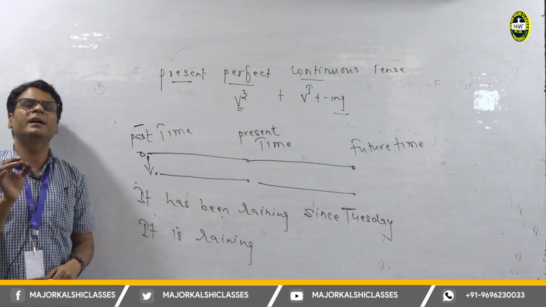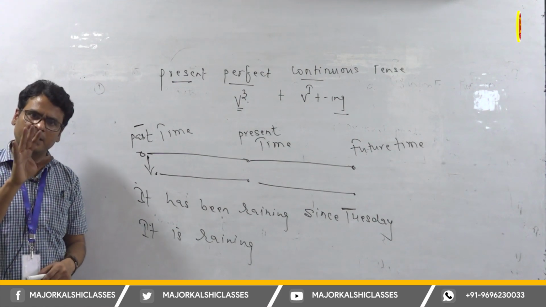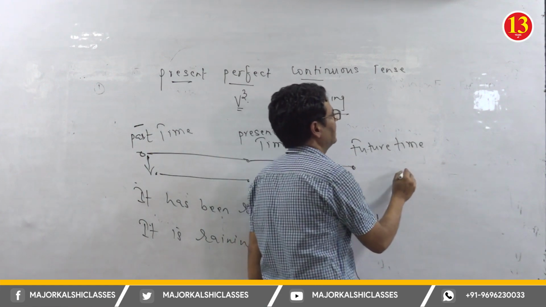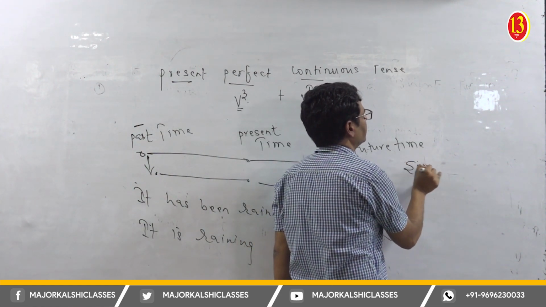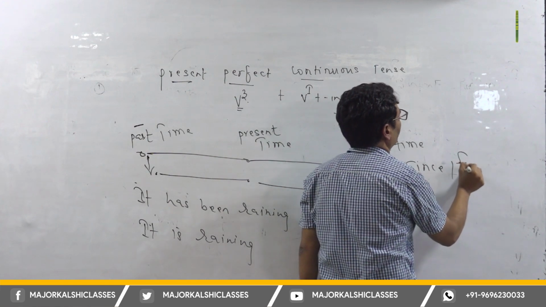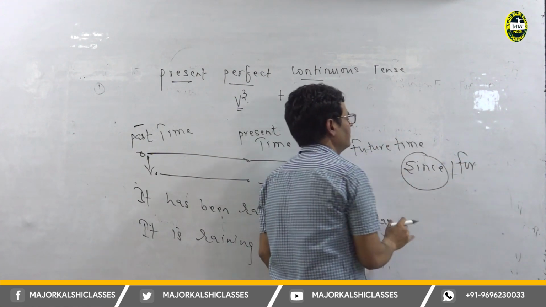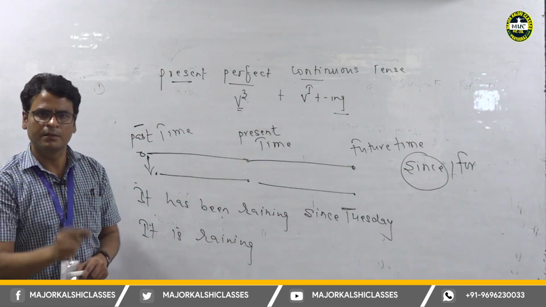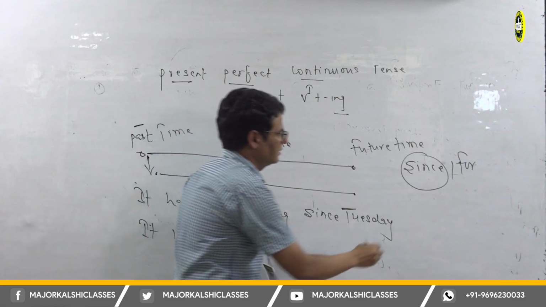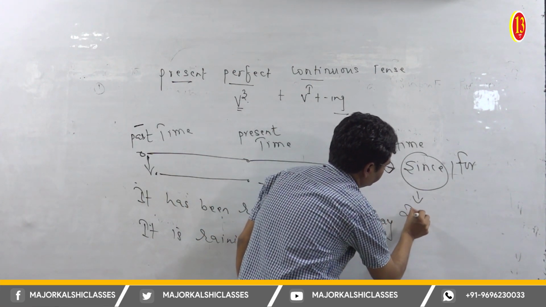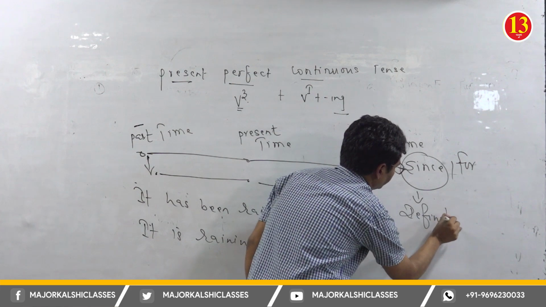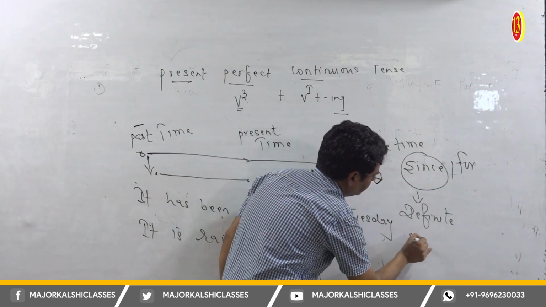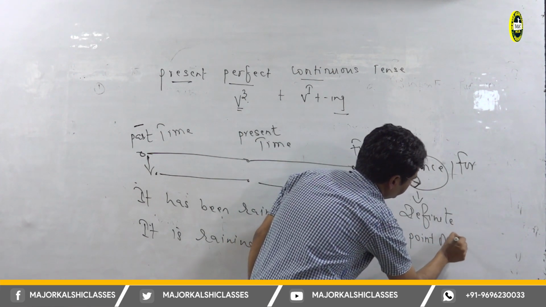And definitely you will find a time expression in it, and for it you need the preposition since or for. In order to tell time expression, we have to use since or for. Suppose that if you find any time that is a point, that is definite, we need since for it. Definite time means point of time.